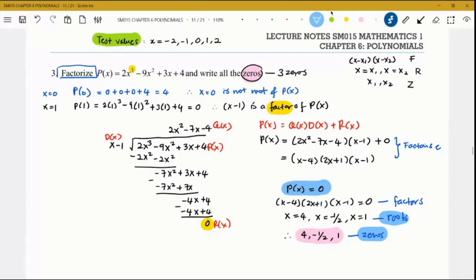For number 4, we have 2x to the power of 4. It means we are going to have 4 roots, 4 factors and 4 zeros.